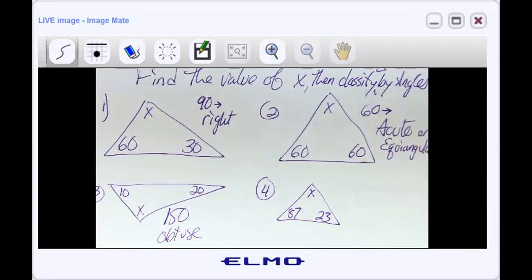Oh, I don't know. Olivia. It cut off. Oh, I wonder what the value of X is in number four.